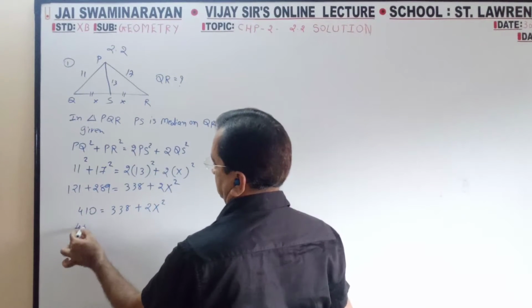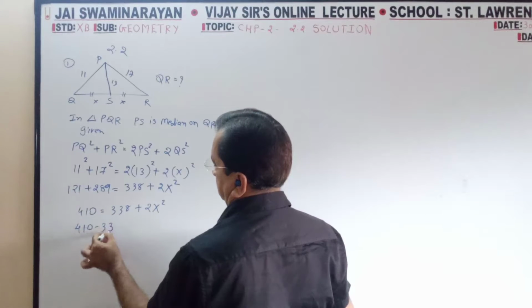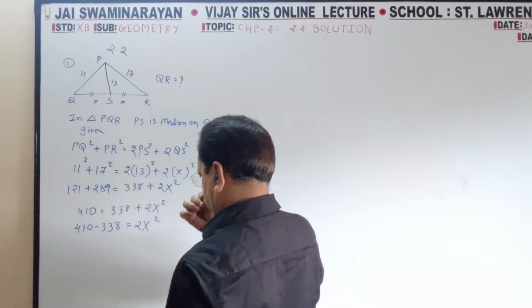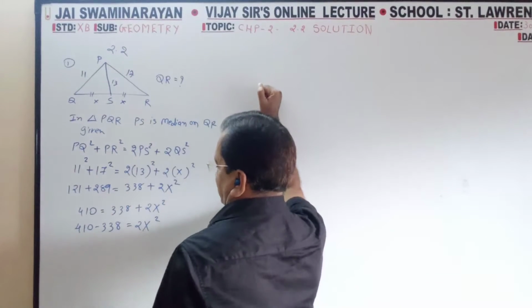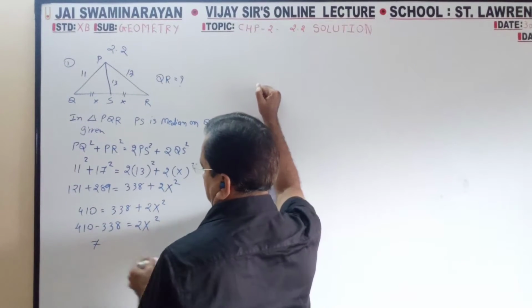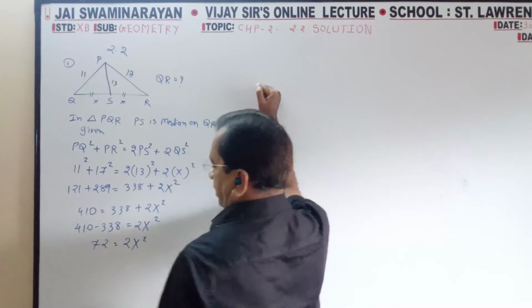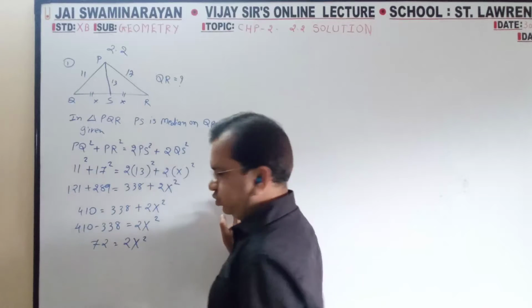Okay, total 410 is 338 plus 2x square. This minus this, then it is 72. Divide both sides by 2.